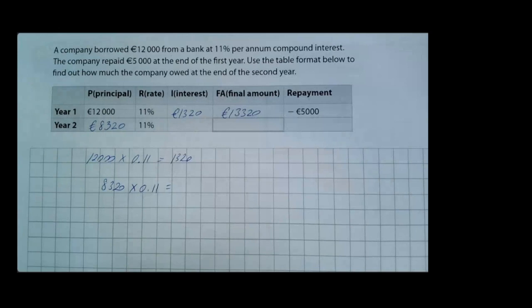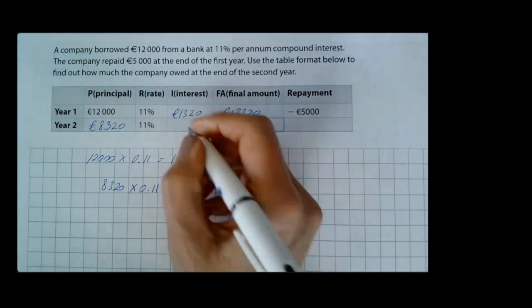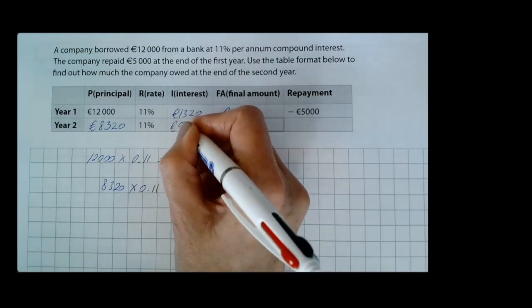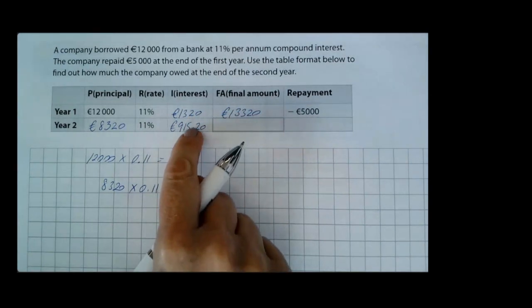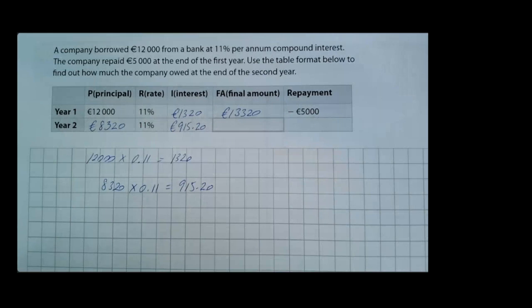So 8320 times 0.11 is 915.20. That's the interest that you're accruing in year 2, which you're going to have to add on to 8320.